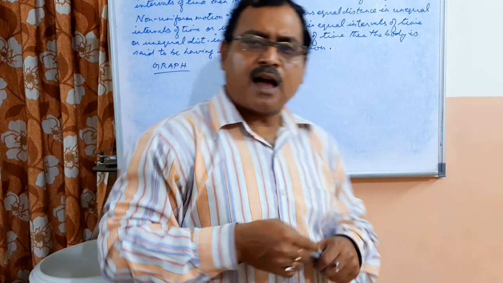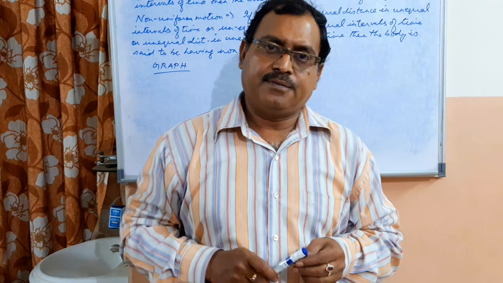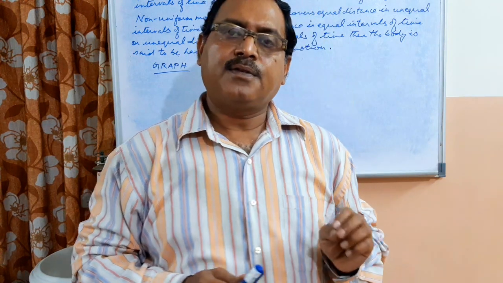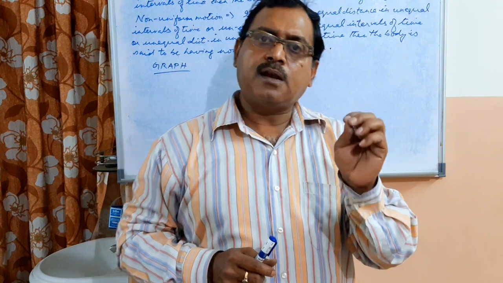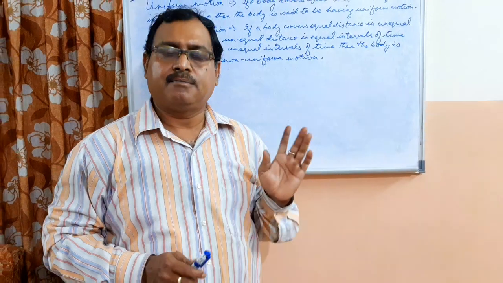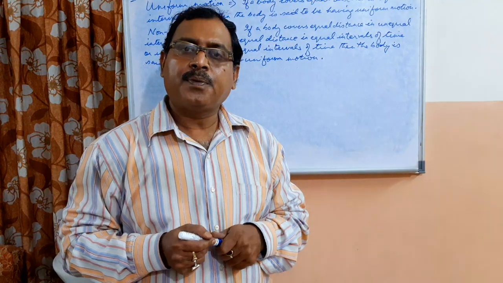So you have been doing graph, I think, from class 6. Now what is a graph? In simple words you will say a graph is a pictorial representation of a mathematical data. How is a graph drawn?